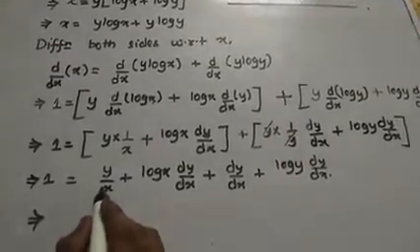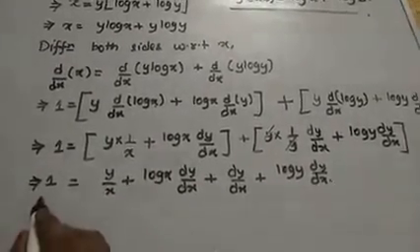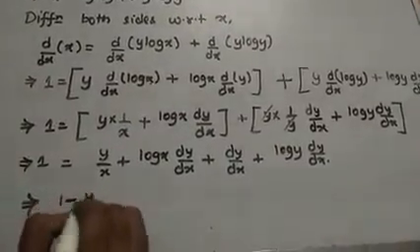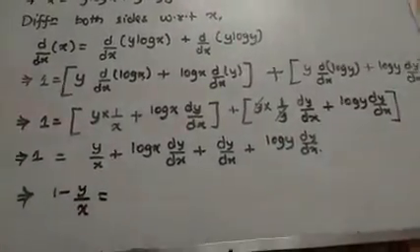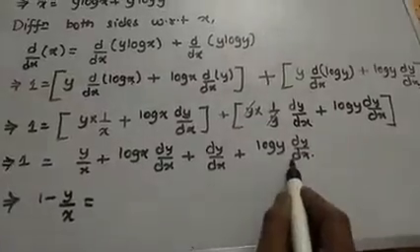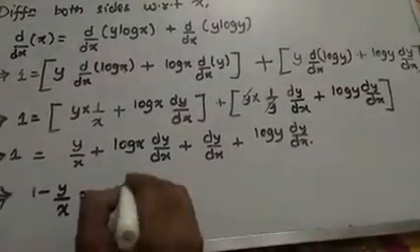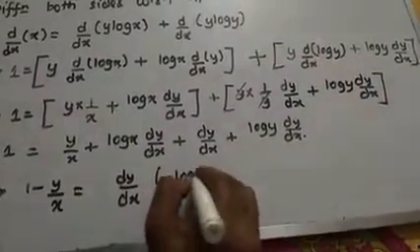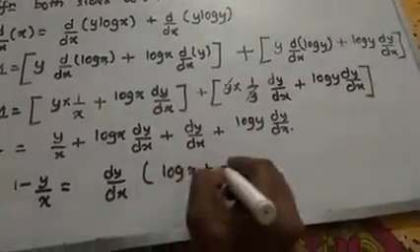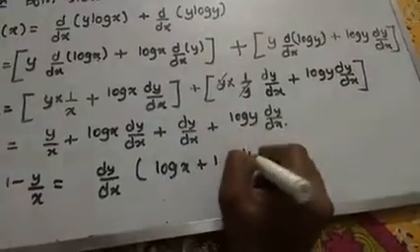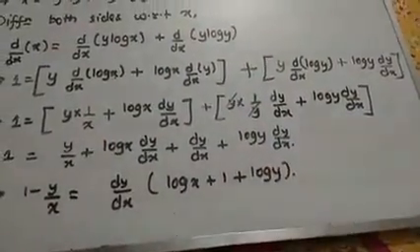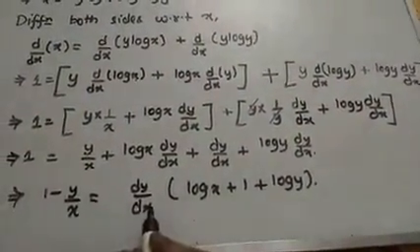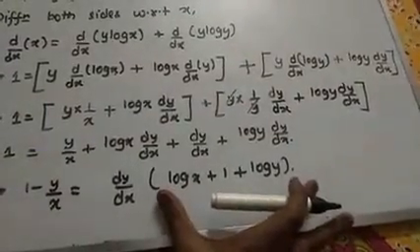So we will shift this term from right hand side to left hand side, that is 1 minus y by x. In these three terms dy by dx is common, so we take that common, and from the first term we get log x, from the second term we get 1, and from the last term we get log y. What do we have to find? dy by dx, and this is in the form of multiplication.